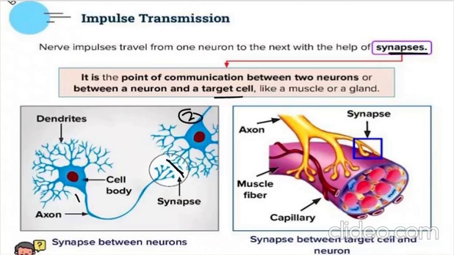The space between them is the synapse. Similarly, if this is a muscle fiber and this is my axon, the place where there is a little bit of space is known as a synapse. So there can be a synapse between two neurons, or between a neuron and a target cell.